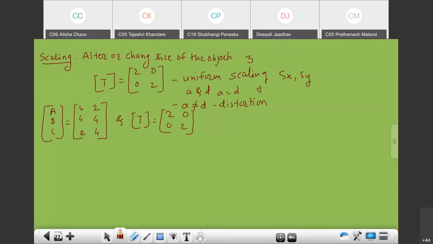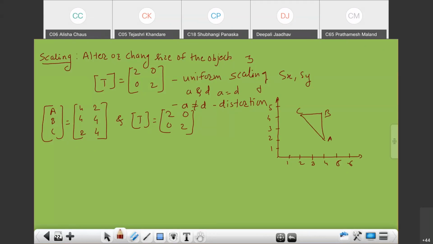I draw it here. 2, 4, 2, that is A. Then 4, 4, that is B. And 2, 4, that is C. So that is the triangle.